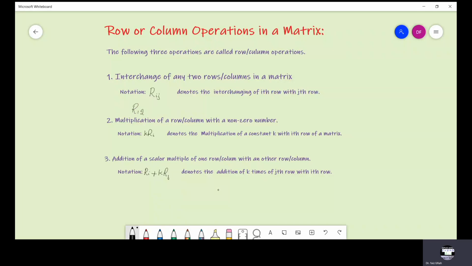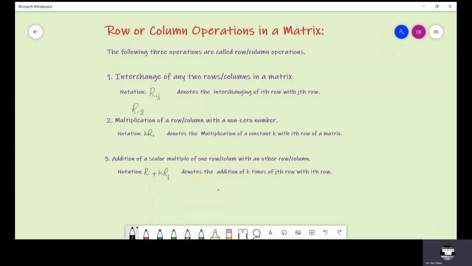The second operation is multiplication of a row or column with a non-zero number. The non-zero number may be a real number or a complex number. So in a matrix, we can multiply each element of one row with a non-zero number, or each element of one column with a non-zero number.